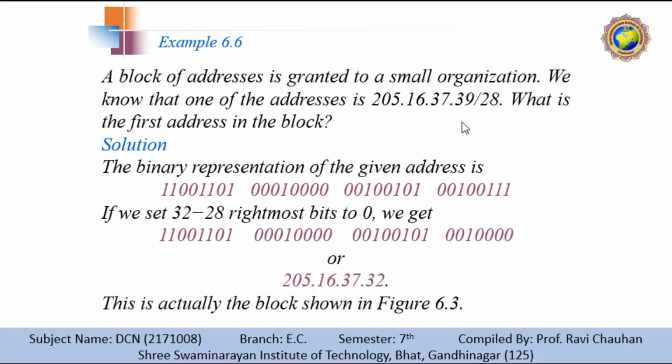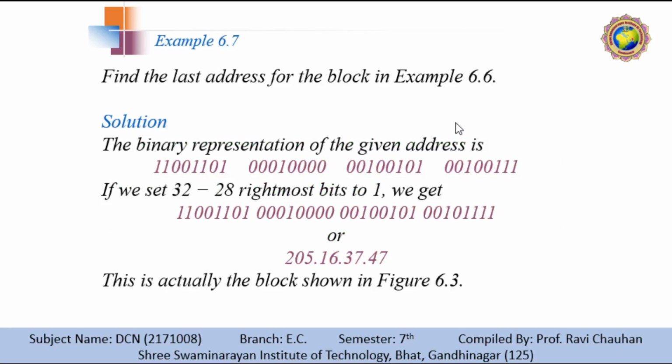So we just find the last address for the same. Over here, the binary representation of the given address will be this. If we set the 32 minus 28 rightmost bits to 1, we get, so the last 4 will be 1.